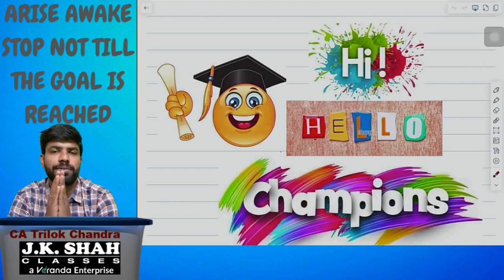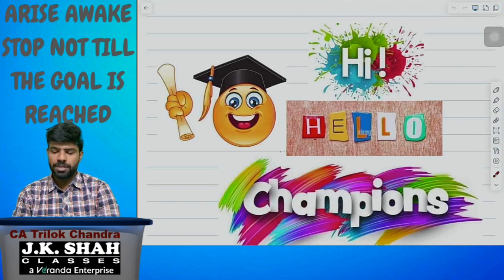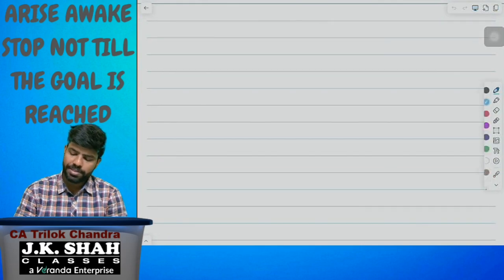You all know that there is a concept called under or over absorption. That concept will have an impact on every chapter. Without wasting time, let us quickly start with the chapter called overheads.